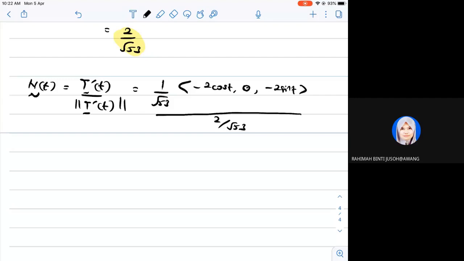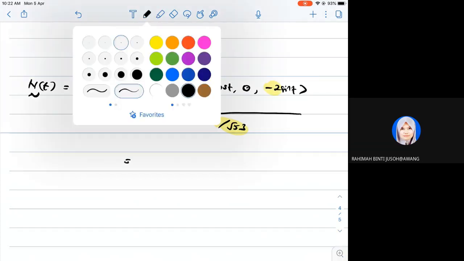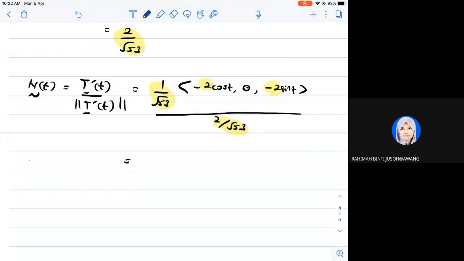So divide by the magnitude, which is 2 over square root 53. Can we simplify this guys? Boleh simplify tak? Can, yes. We can simplify this and this, right? Dengan ni sekali lah. Negative 2 ni. Okay. So kalau you nak simplify, 2 divide by square root 53 bahagi dengan, you perasan tak dia sama guys? Saya padam dulu sini. Yang ni negatif 2 per square root 53 bahagi 2 per square root 53, kan?